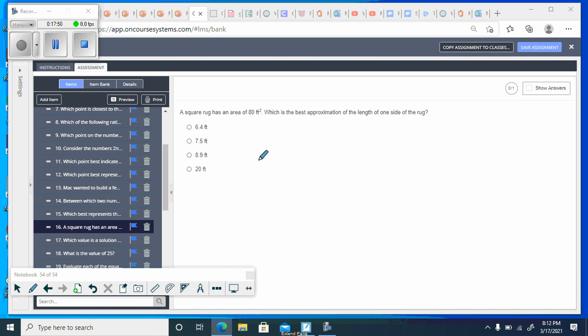A square rug has an area of 80 square feet. This one we can do, guys. All right, your square rug has an area of 80 square feet. If it's square, the two sides are equal. We know an area is equal to side squared.